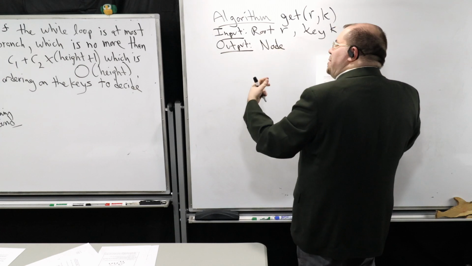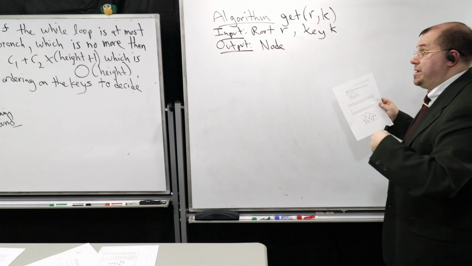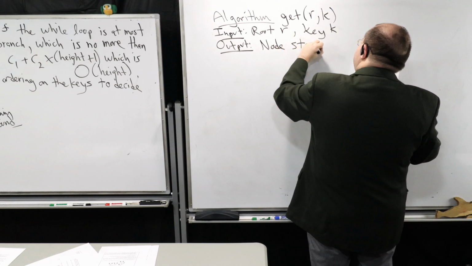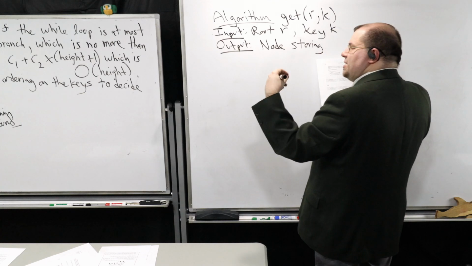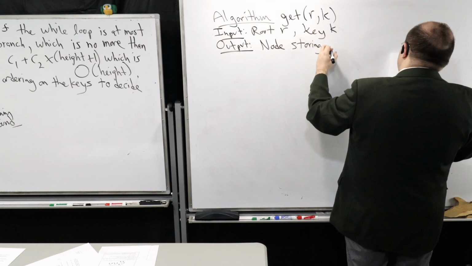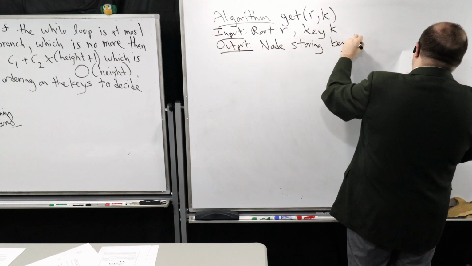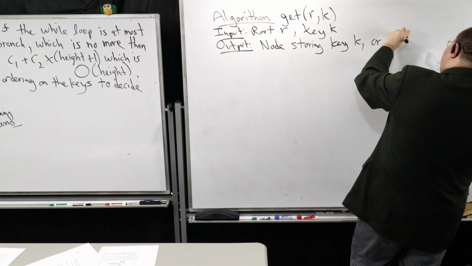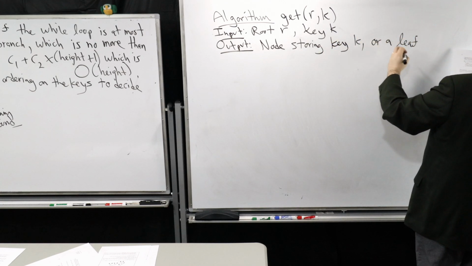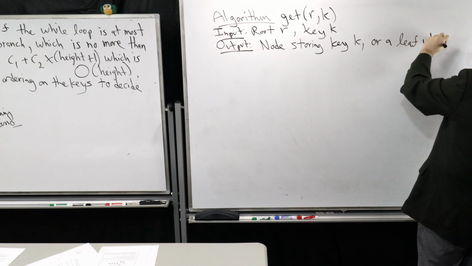Like I said, I'm building up a toolkit for us to reuse, and all of them can be easily modified to have the purest behavior of the ordered dictionary ADT. So it's going to return either the node storing key K, or a leaf where K should have been.